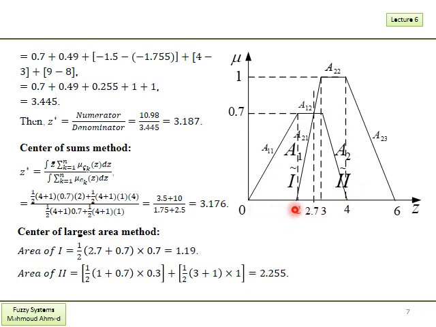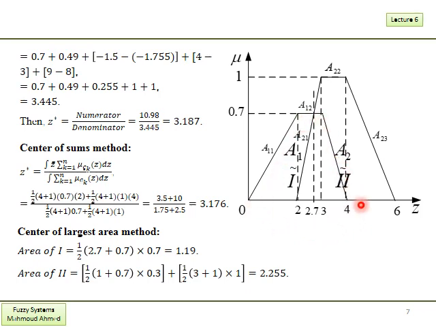So we have here for this membership function A1, z bar is equal to 2, and for the second membership function z bar is equal to 4.